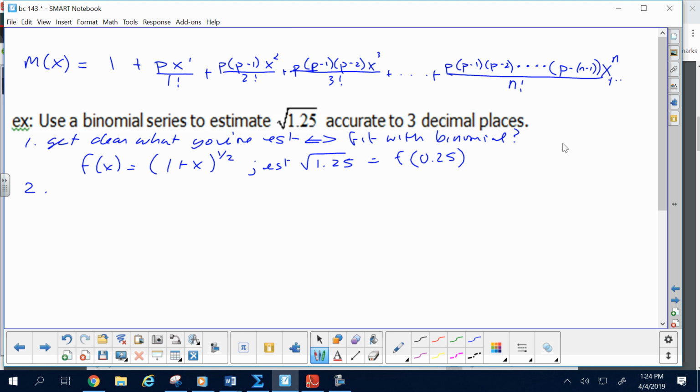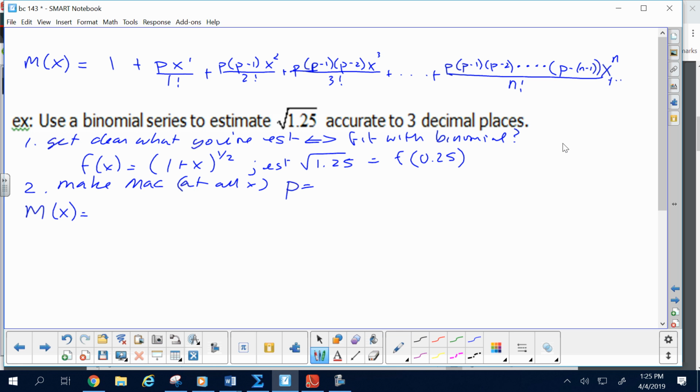Now you make your Maclaurin for this function, and that's at any x. Again, we're not worried about the 0.25 till way down the road, right? So when I go to make my Maclaurin here, using a p of, what's the power here? 1/2.